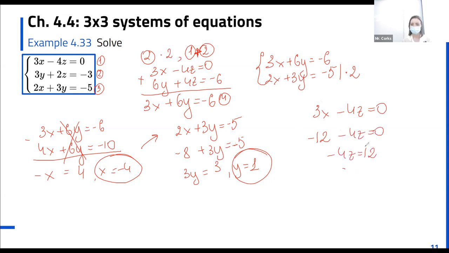Then z equals 3. That equals minus 3 because we need to have plus here.